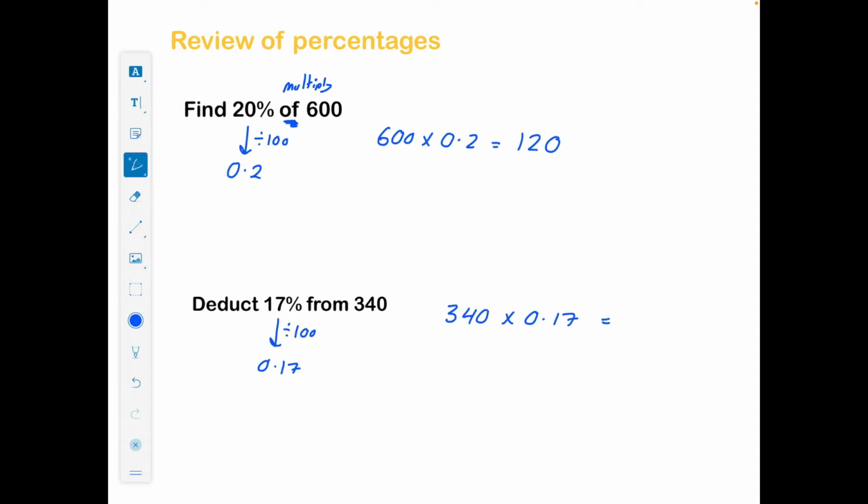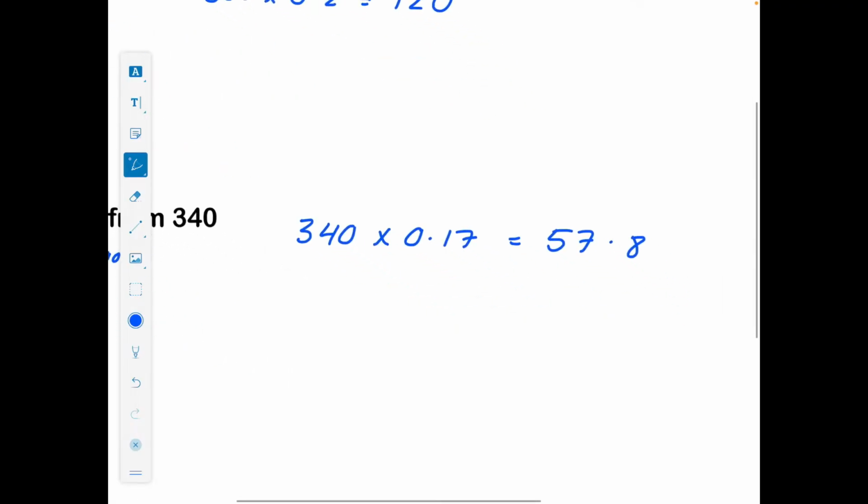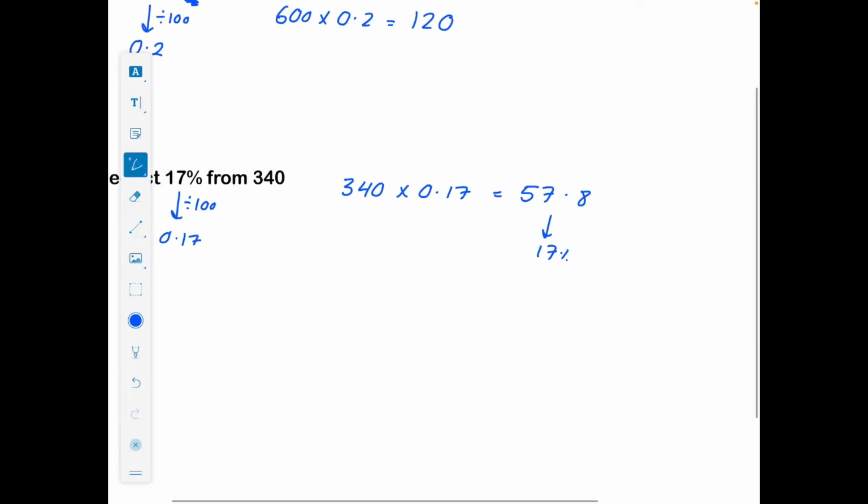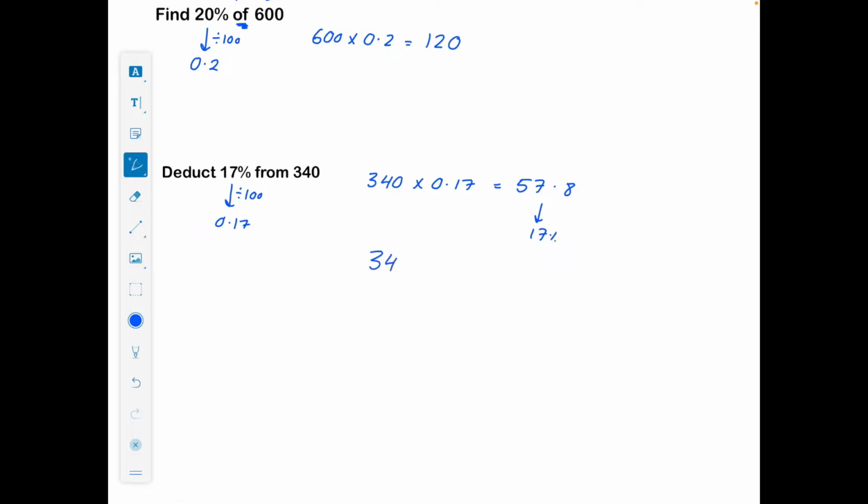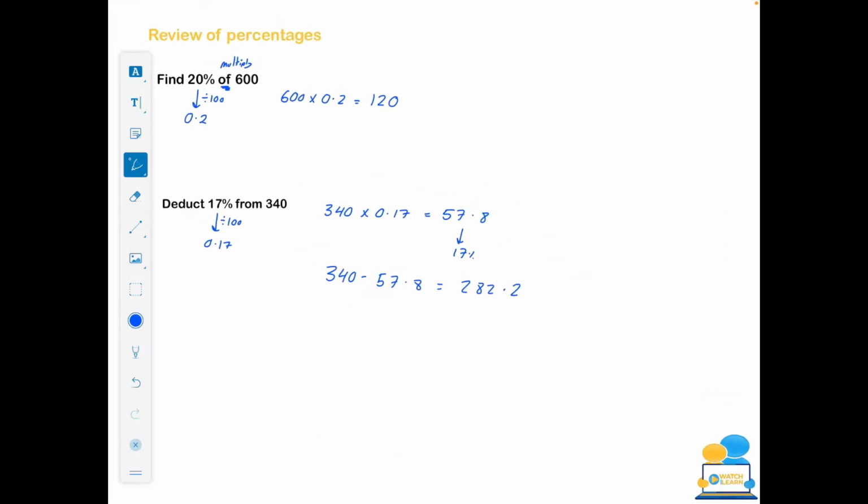So 17% of 340 will be 57.8. Now, that's the 17%. We didn't want 17% of 340, we wanted to deduct it. So we're going to subtract 340 minus 57.8, and we will get 282.2. So there we found the 17% and we just subtracted our answer from the original number.